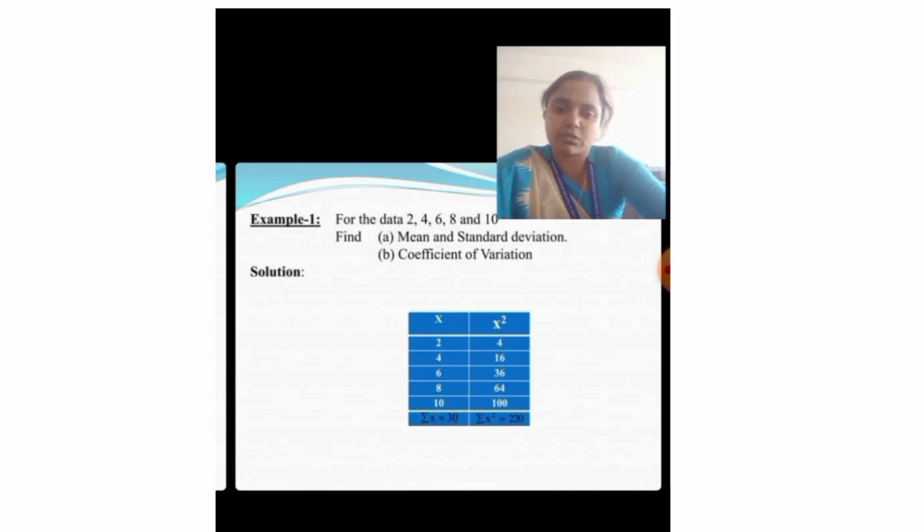Therefore, 2 square equals 4, 4 square equals 16, 6 square equals 36, 8 square equals 64 and 10 square equals 100. Then we sum up our values. Summation x is 30, and summation x square is 220.